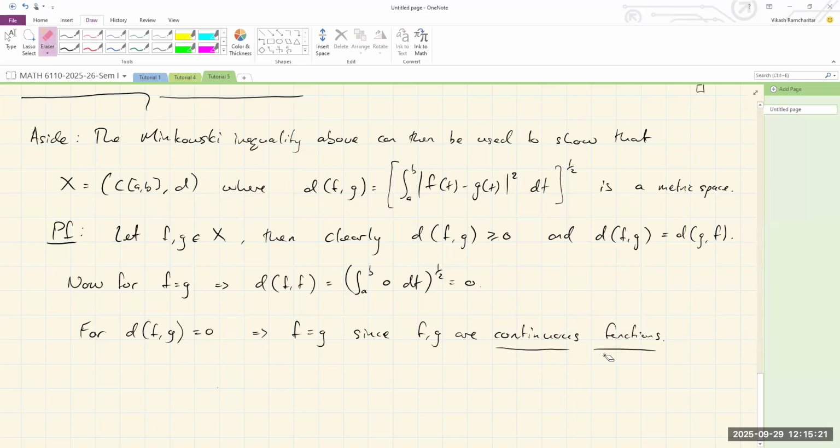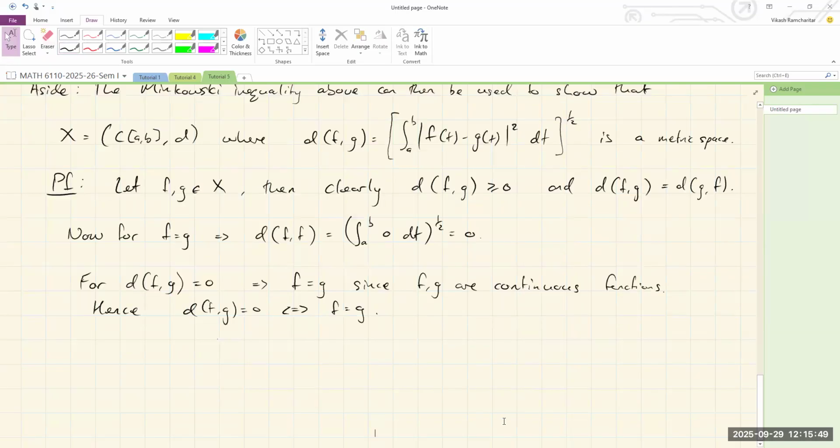So the next part of this implication only holds because of the space we are in. d of f, g equals zero if and only if f equals g, and this only holds because we are only looking at continuous functions. If we were not looking only at continuous functions, this may not hold.